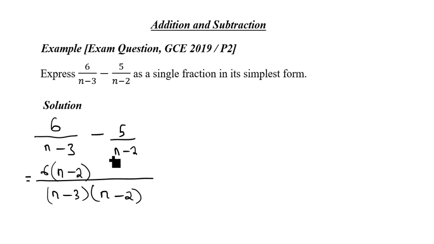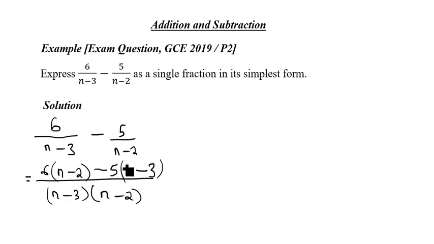Okay, but it can be done in a similar way, because you can see 6 is being multiplied to this n minus 2 we have written there. So next it will be 5 times n minus 3, but remember that we have a minus, so it will be minus 5. Okay, then it will be n minus 3.